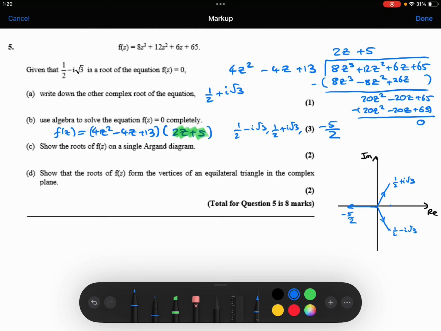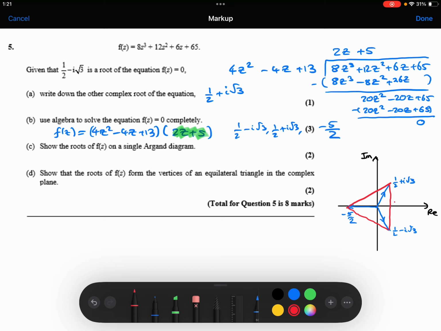Part D says we need to show that these roots form the vertices of an equilateral triangle. So each of these roots is the vertex of an equilateral triangle. Different ways we can show that this is an equilateral triangle. I think probably the easiest way is to show that all of the sides are the same length.